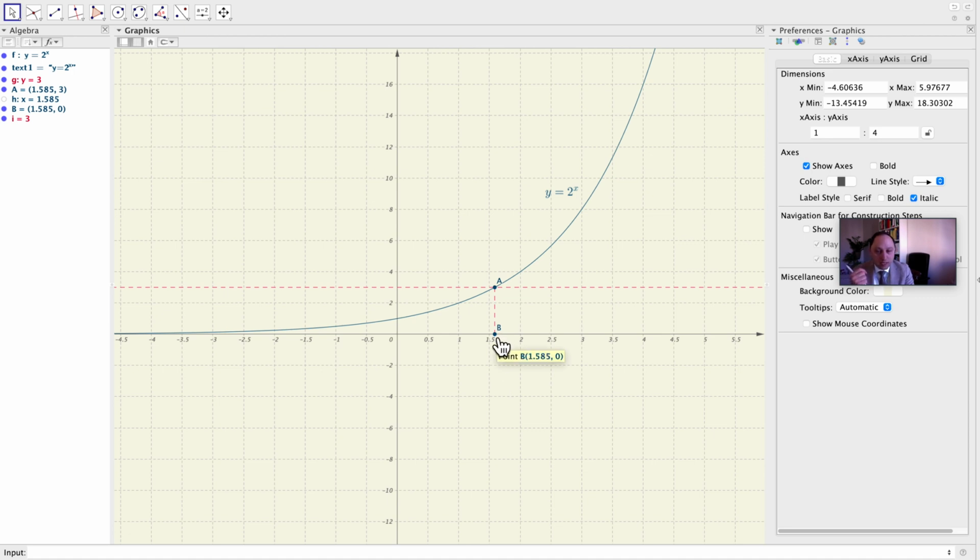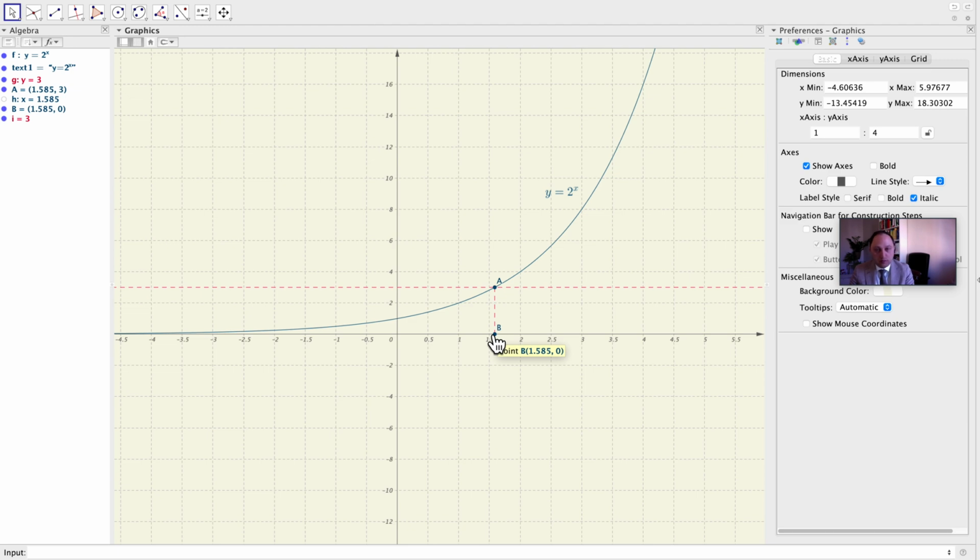So this number that you see here, 1.585, is an approximation to this number that when I raise 2 to that power, it becomes 3. So remember this number.